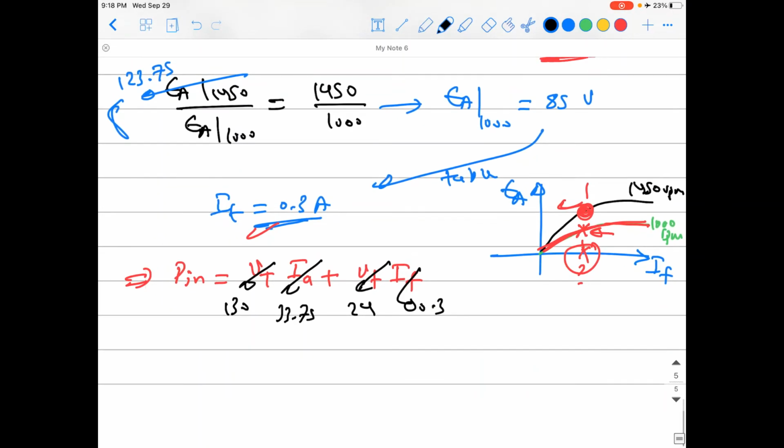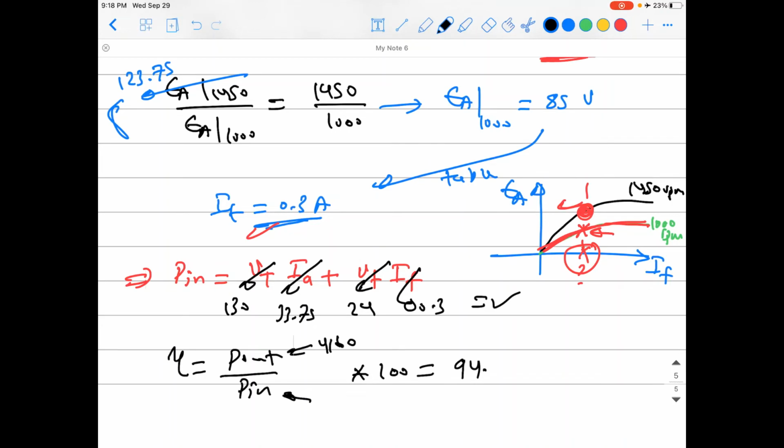You can find this value easy for P input, and the efficiency is P output over P input. P output is 4160, it's given, and the P input is just calculated now, so this gives you 94.7%.